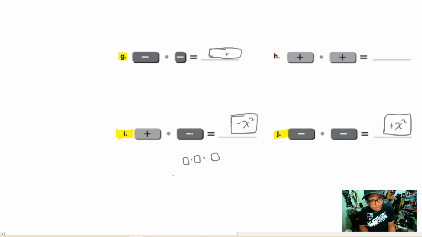The next thing that could happen is you could be multiplying a long X tile by a small unit tile, and that's just going to be a long X tile as well. And just like before, the positive or negative of the tile is going to depend on if you're multiplying one negative, or two negatives, or no negatives.